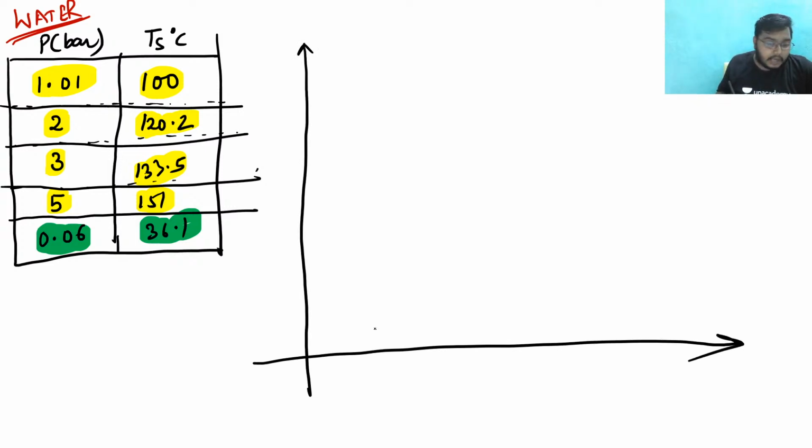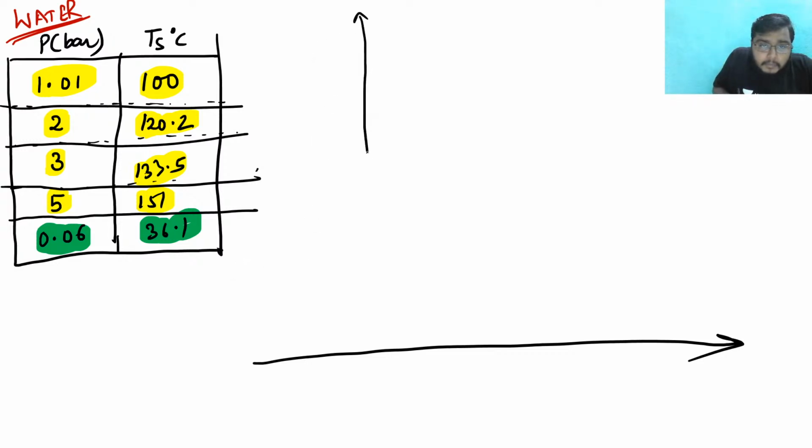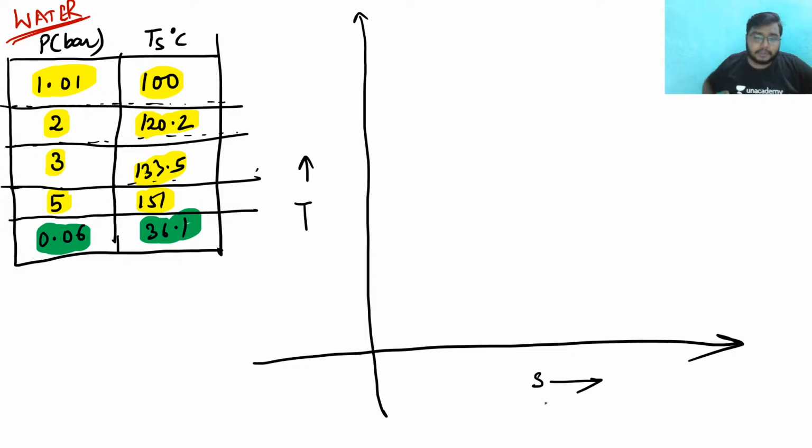Suppose I want to make a graph in which temperature is plotted on this axis, and entropy is plotted on this axis.